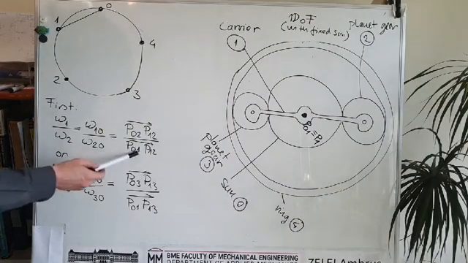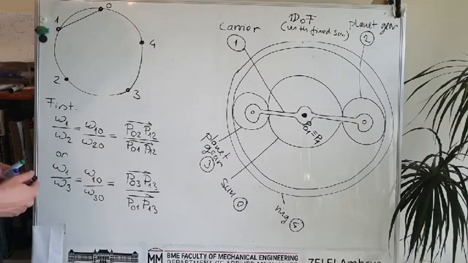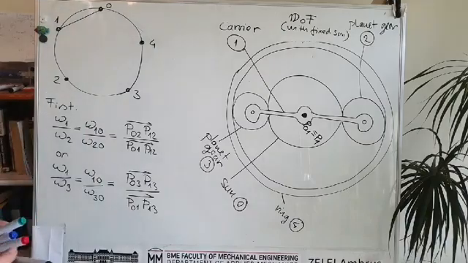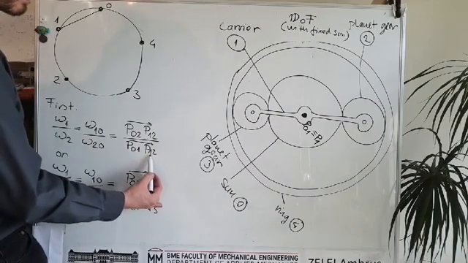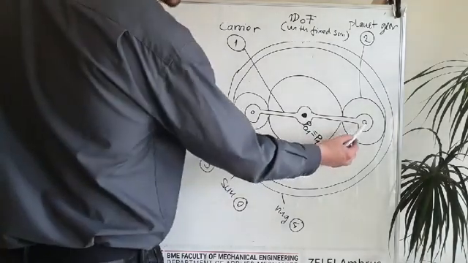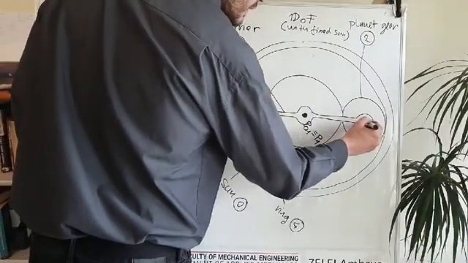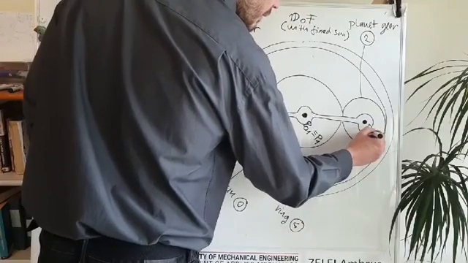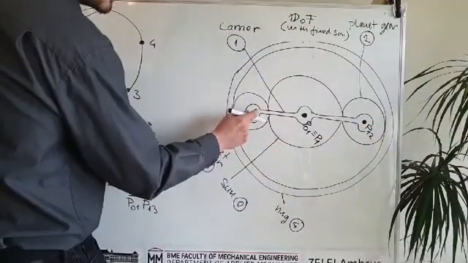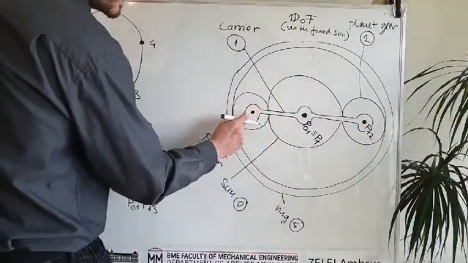That's fine. We should try to find P12. P12 is also easy. P12 must be here because this is the point where they are fixed together. So this is P12 and this is P13.